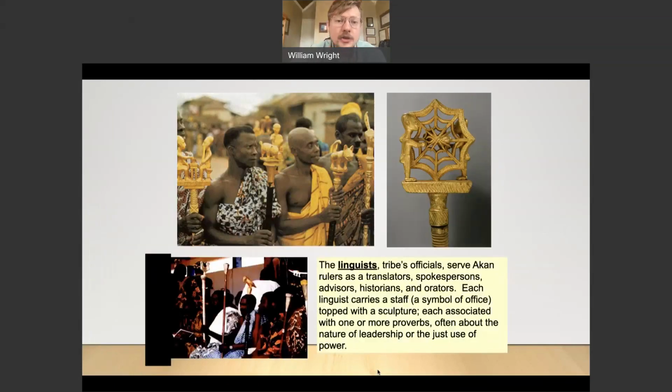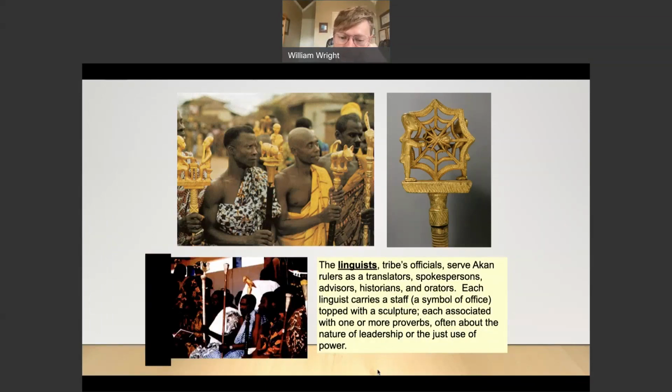Okay. So here's a good example of another type of context, or a symbolism, right? We're getting into symbolism here as we close this chapter. The linguists, or the officials of the Akan rulers, serve as translators, spokespersons, advisors, historians. Each linguist carries a staff, and on top of that staff is a specific sculpture that is a symbol of their office.